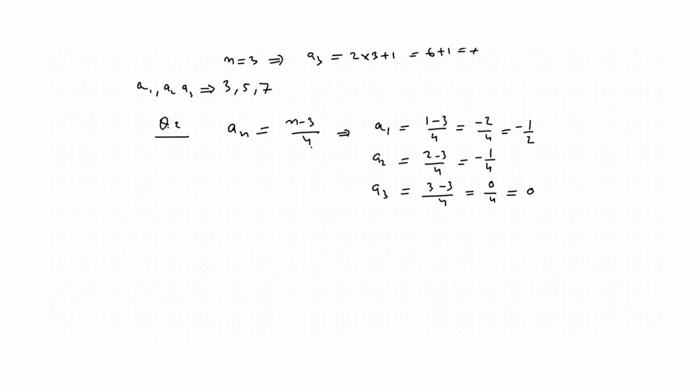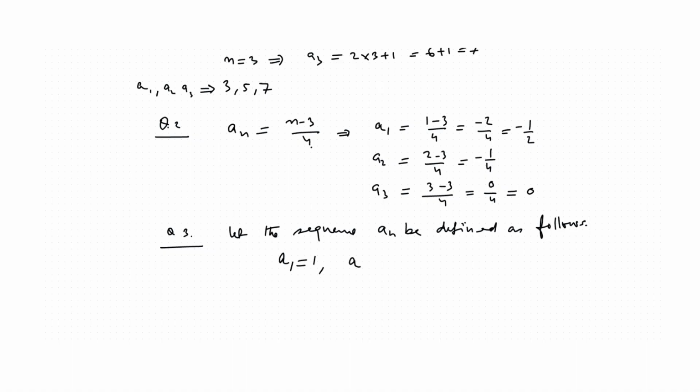Let us say we take yet another question. Say, let the sequence AN be defined as follows. A1 is equal to 1, and AN would be A(n minus 1) plus 2 for n greater than or equal to 2.